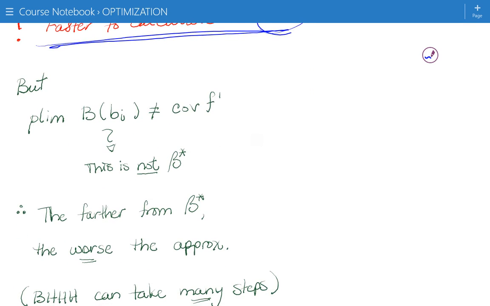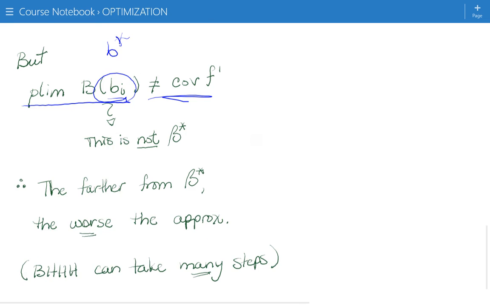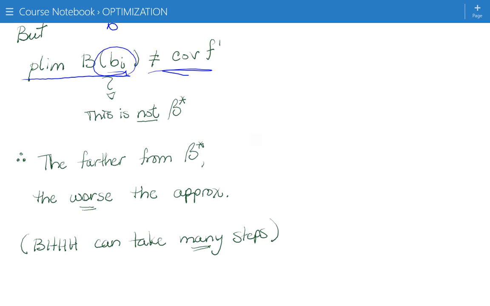But to note, the p-lim of this B matrix, when it's not at the actual maximum, isn't equal to the covariance of the derivatives. And what that really means is that we're not actually getting accurate information as we get further and further away.